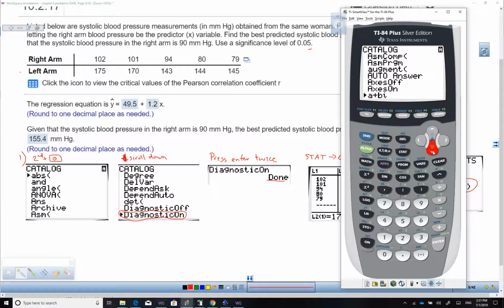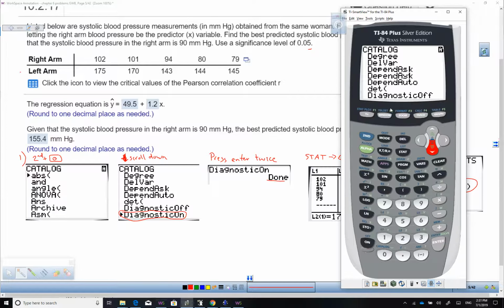So you go down, and you will see a menu of options. Here, diagnostic on.